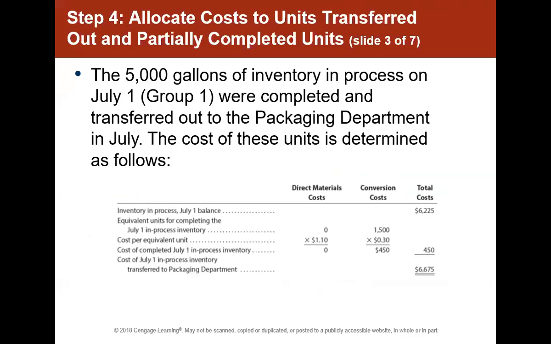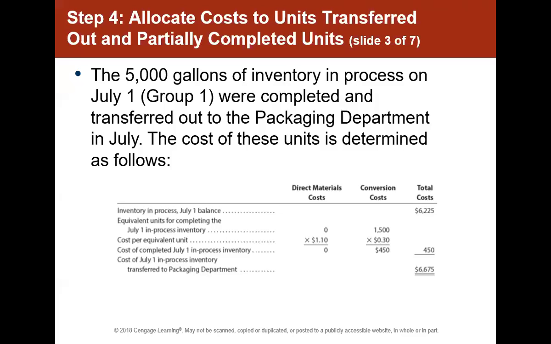In this case, we know our total beginning inventory costs were $6,225. To complete those units in beginning inventory, we had 0 equivalent units of direct materials, so there are no costs added for materials. For conversion costs, we had equivalent units of 1,500 in beginning inventory, so we take 1,500 times 30 cents.